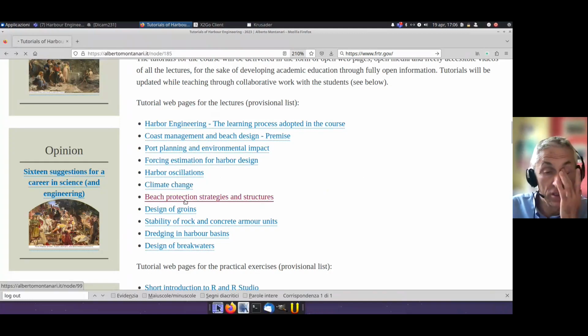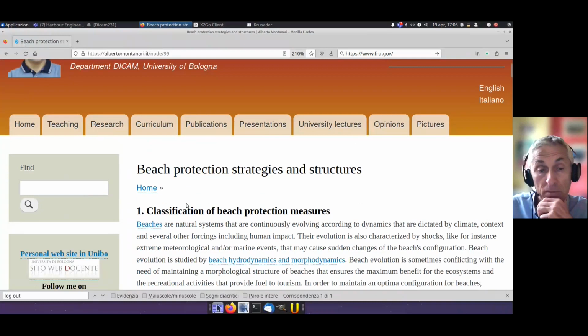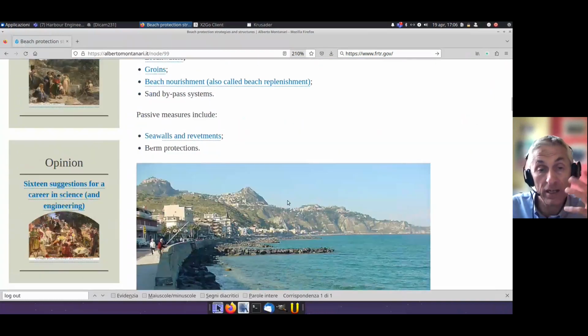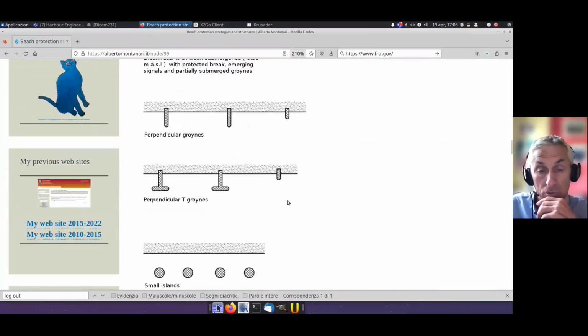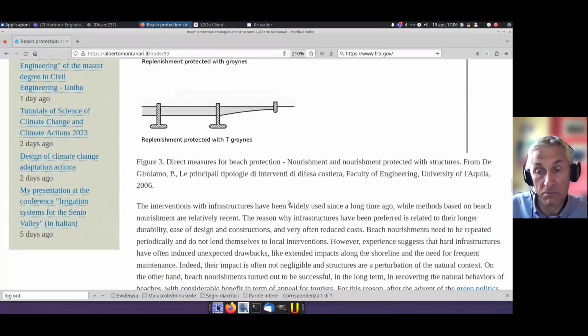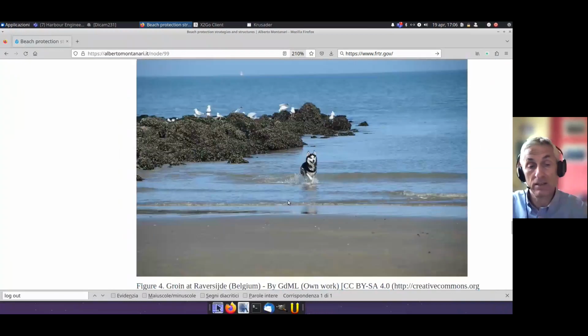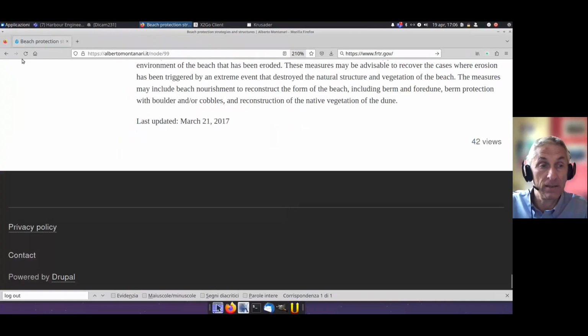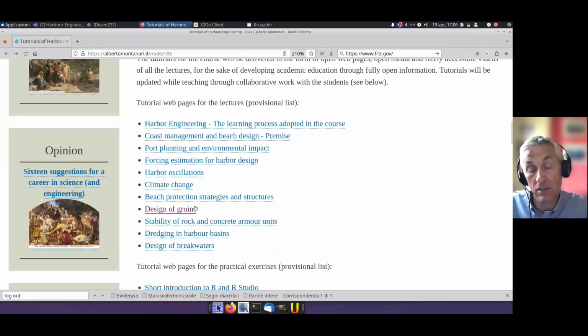Beach protection strategies and structures. Yes, a typical question may be precisely what kind of beach protection structures you know. It is a narrative, but on the other hand, it's important, and I would also say extremely relevant for sustainability.